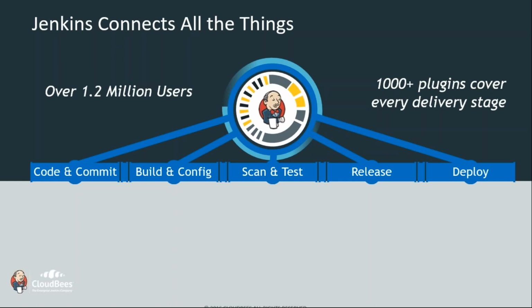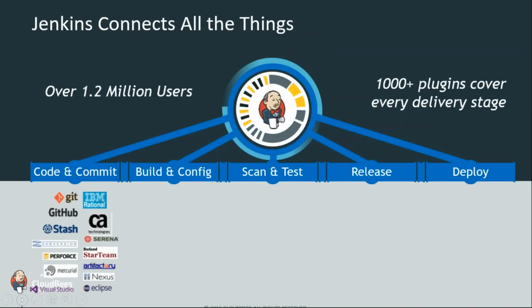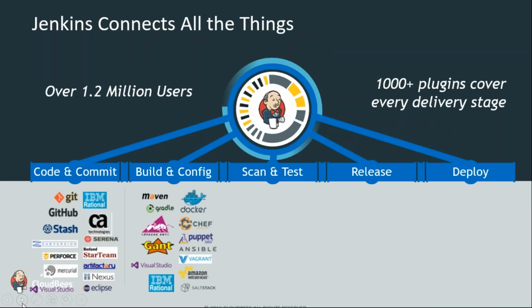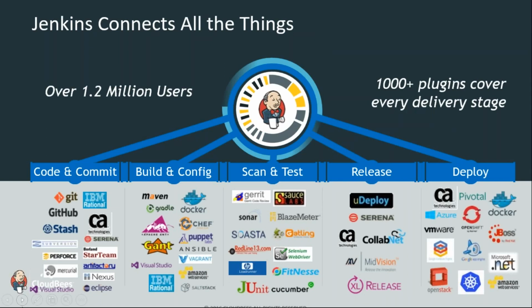If you build this out, all the way through to deploy, Alan, you can see that the dependency companies have on Jenkins connects everything they have in their tool chain. Oops, it didn't build out. There we go. If you look at every stage, this is mostly vendor tool sets, and obviously CA is prominent across the tool chain. But behind all of these vendors, there are also custom plugins made by development teams that have unique needs that fit every step of the pipeline.